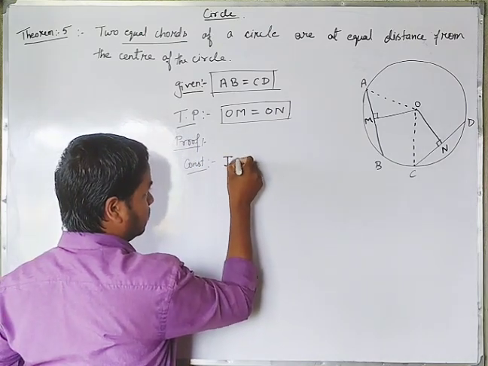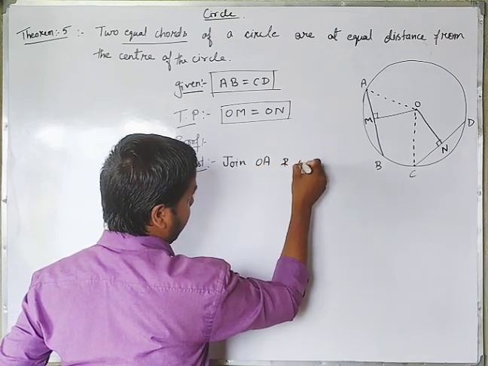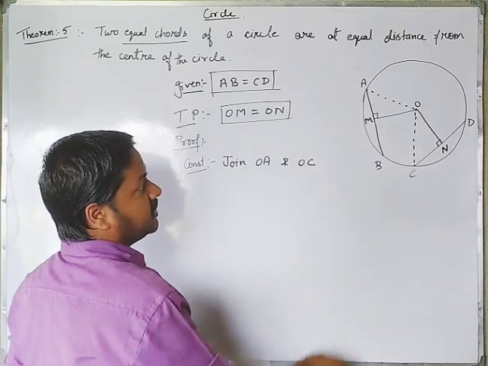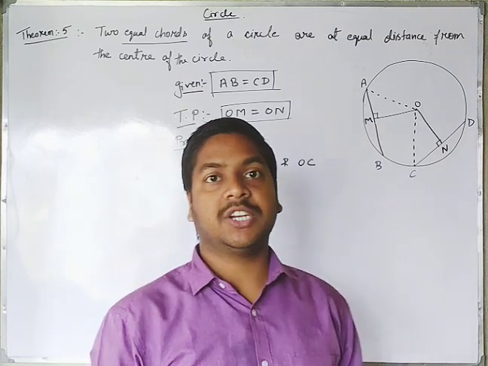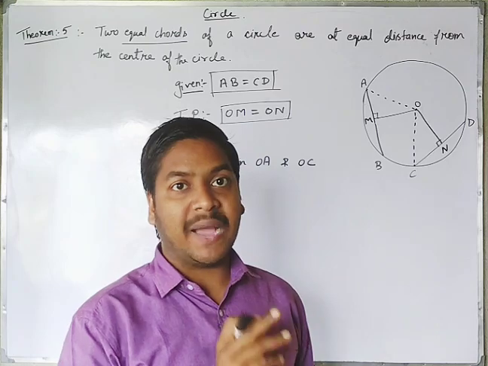I will write here, join OA and OC. Now, since these are perpendicular, from theorem number 1, what we had studied, the perpendicular from the center to the chord bisects the chord.